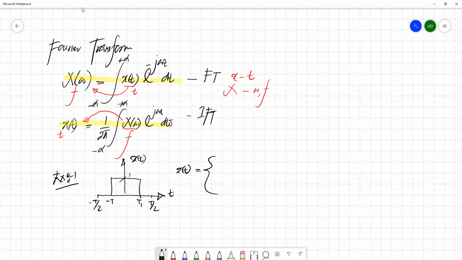We have basically two values, one is 0 and the other one is 1. It is 1 when |t| is less than t1. So |t| less than t1 means your function is giving a value of 1 when t is in between minus t1 and plus t1, and 0 otherwise.